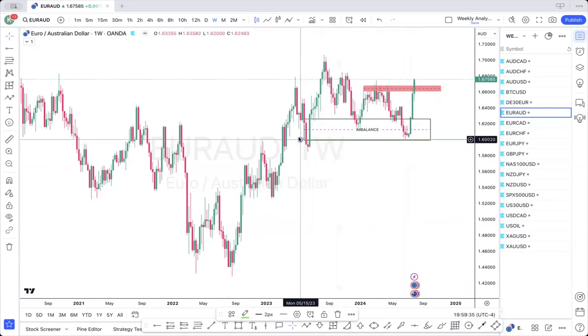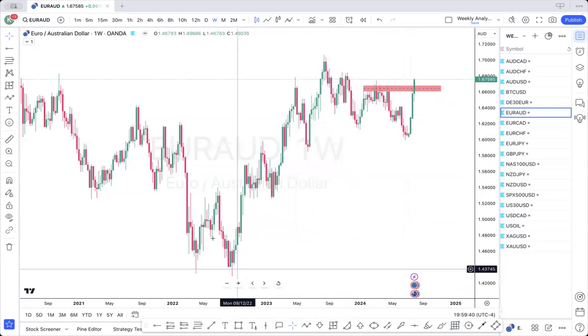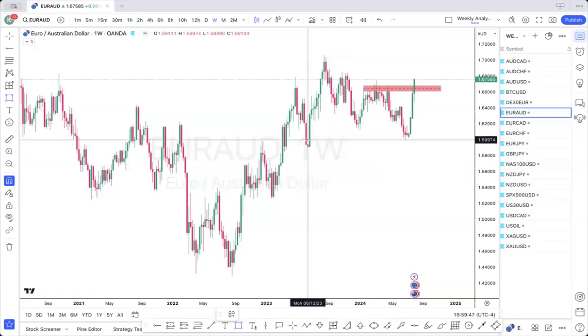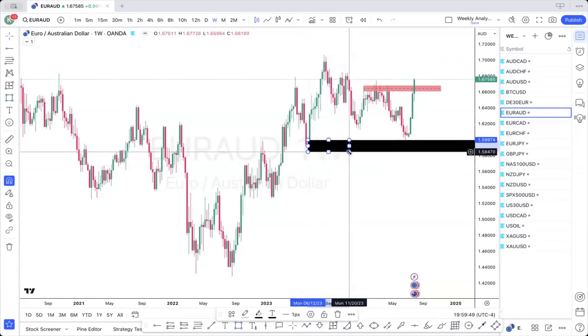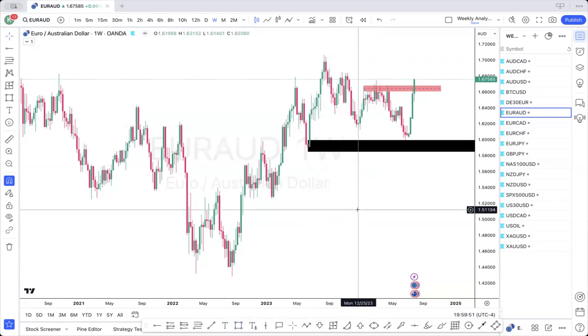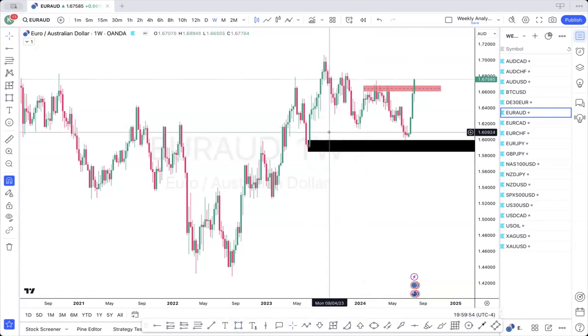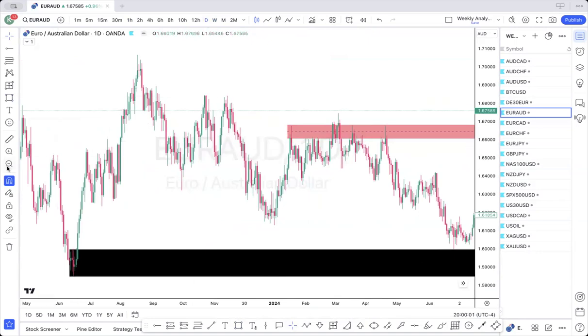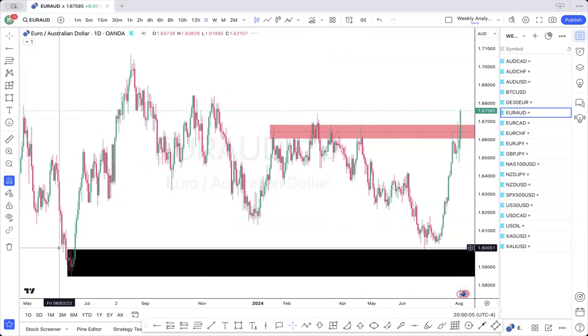Pretty much came to the demand zone. We're almost there. It did fill in the imbalance. As you can see, it filled in that imbalance.